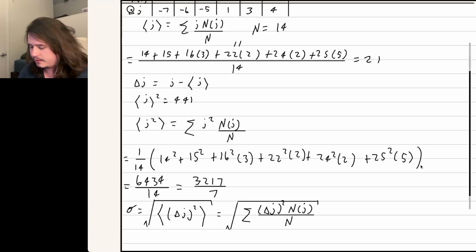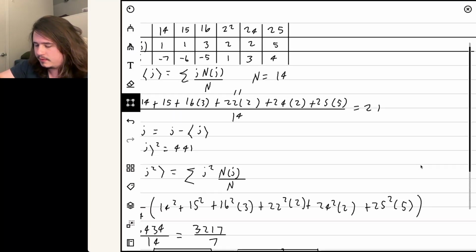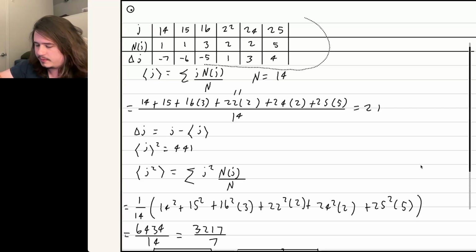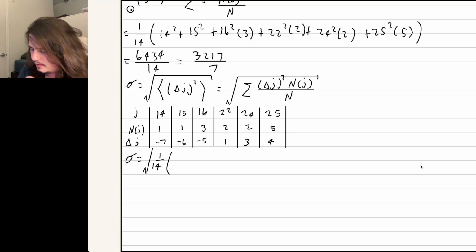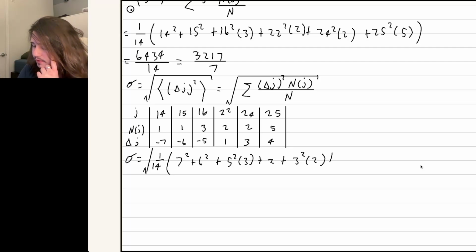Just gonna copy this table down so I can look at it some more. Sigma equals square root of 1/14 times 7 squared plus 6 squared plus 5 squared times 3 plus 1 squared times 2, which is just 2, plus 3 squared times 2 plus 4 squared times 5.